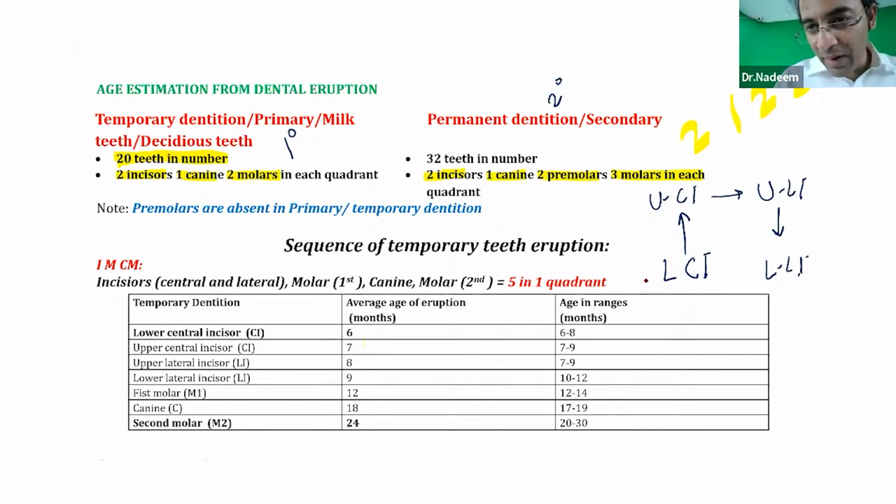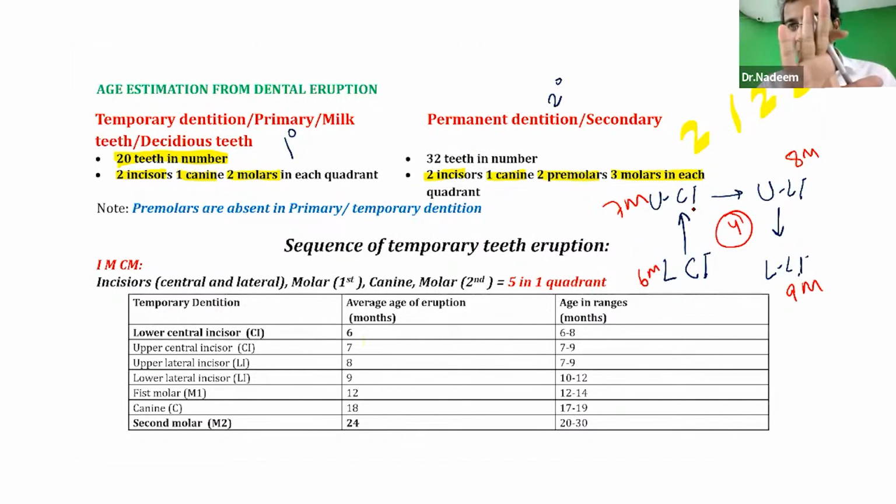This will develop at 6 months, 7 months, 8 months, and 9 months. So now you tell me, at the age of 9 months, how many teeth will be there? 4 teeth. Right? Easy to understand? Fine.